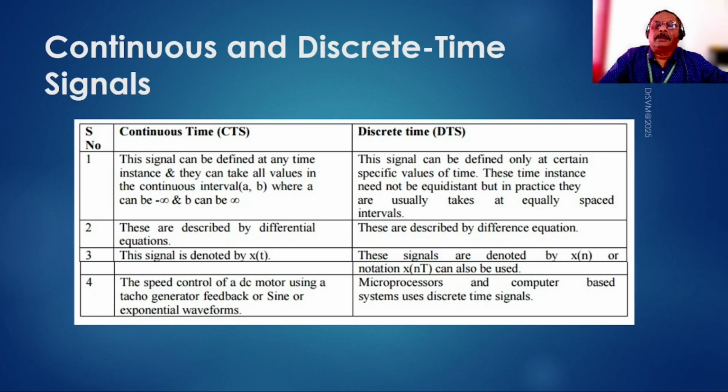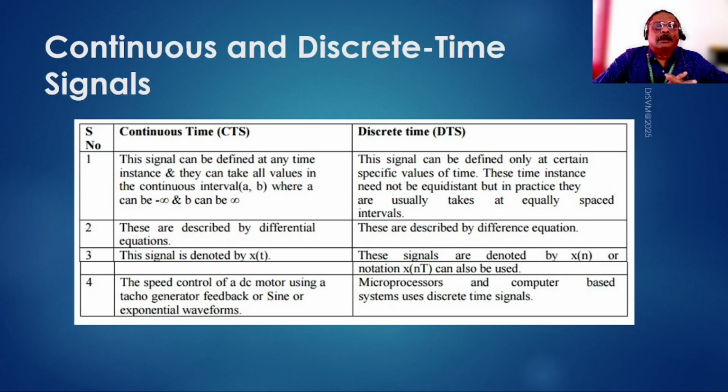The only thing is, there is one value at one point in time, and at the next point in time there is another value, and between two instances no values are defined. There may be a value, but it is not defined in our system. Such a signal we call a discrete time signal.